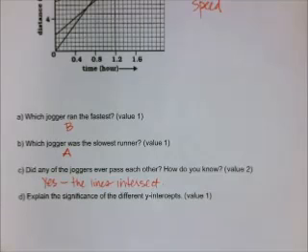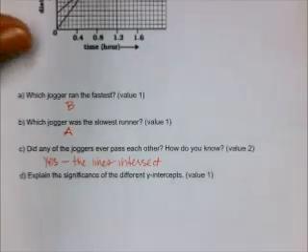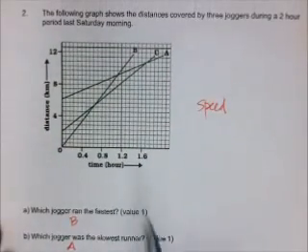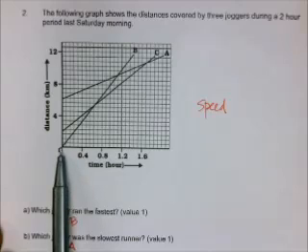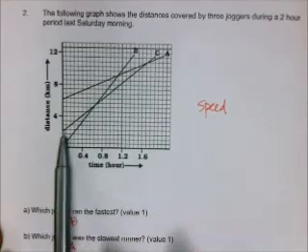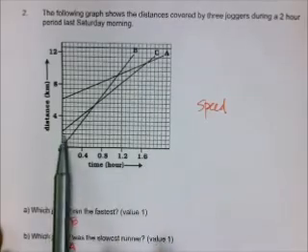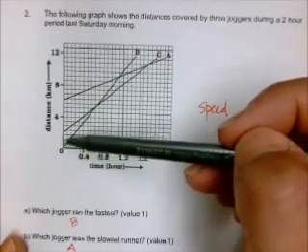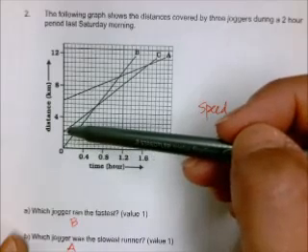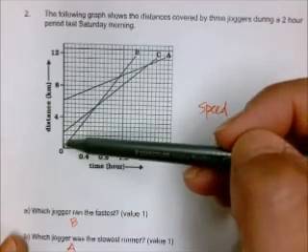Okay? Explain the significance of the different Y-intercepts. I kind of alluded to that at the beginning of this question. So this means that Jogger B started at distance 0, whereas Jogger C started at distance, and what would these all be? This is 1, 2, 3, 4, 5, 6, 7.